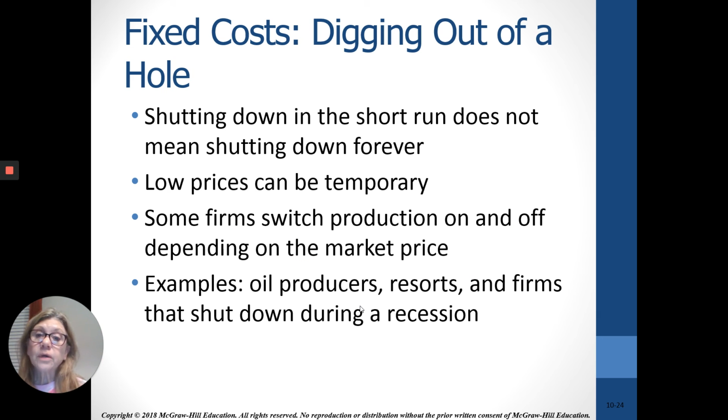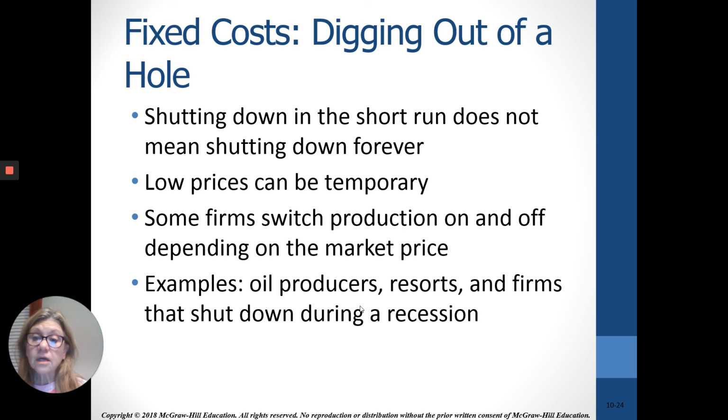So again, shutting down in the short run does not mean shutting down forever. Low prices might be temporary. There could be a recession and businesses cut back on shifts, or they can add a shift if the economy is growing well. Some firms do switch production on and off.